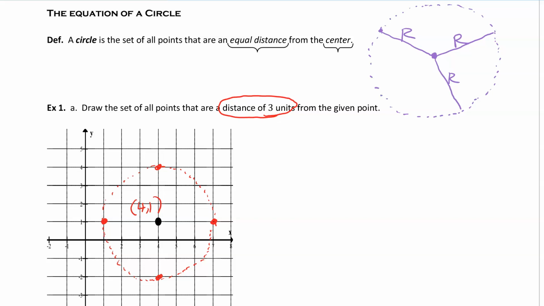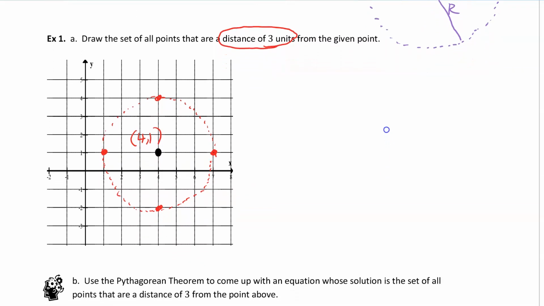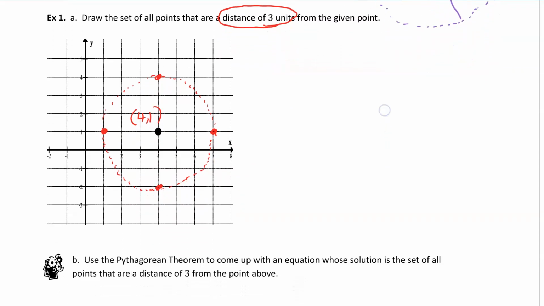Okay, so the next question on your note packet is asking you to go ahead and use the Pythagorean Theorem to find the equation that models the set of all of those points. So let me just pick one so we can reference it.